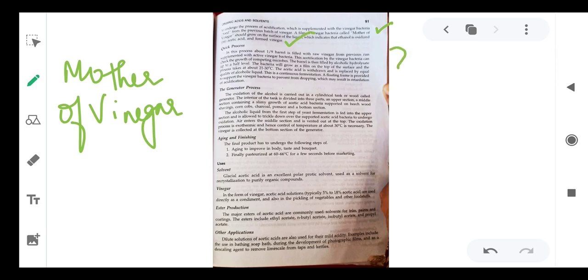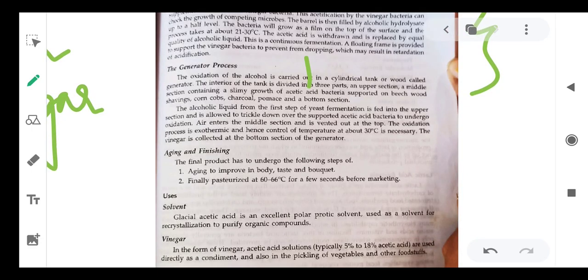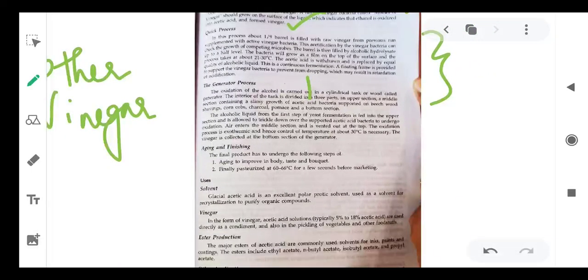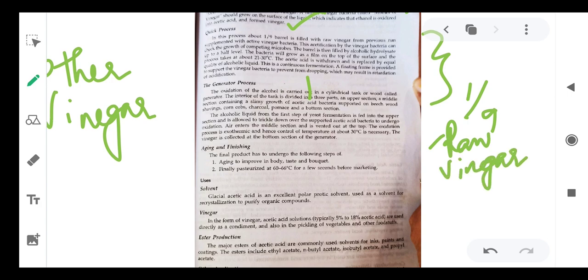Now when I am talking of the quick process, in this process about 1/9 of the barrel is filled with raw vinegar from the previous run, and the acidification by the vinegar bacteria can check the growth of competing microbes.